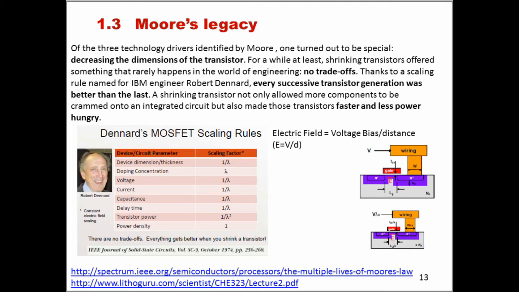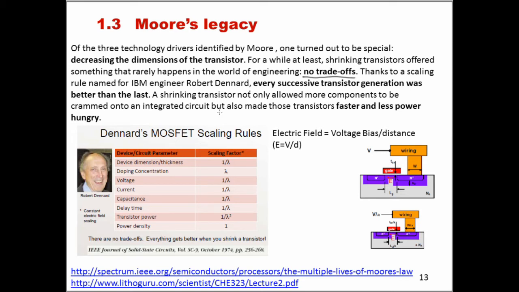There were no trade-offs. So shrinking a transistor simply meant making everything better, and basically meant that every successive transistor generation was better than the last.